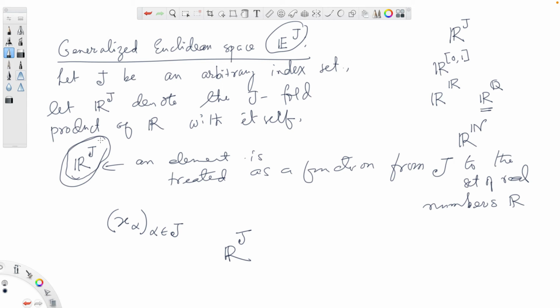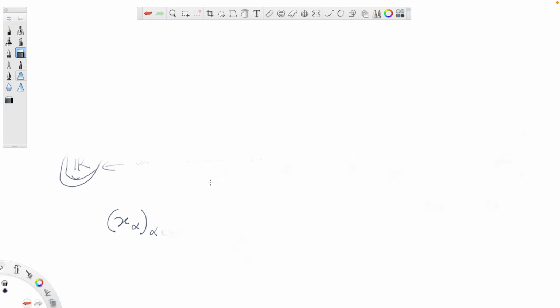is of course a vector space with the usual component-wise addition and multiplication by scalars. Let me explain. We have addition of vectors.